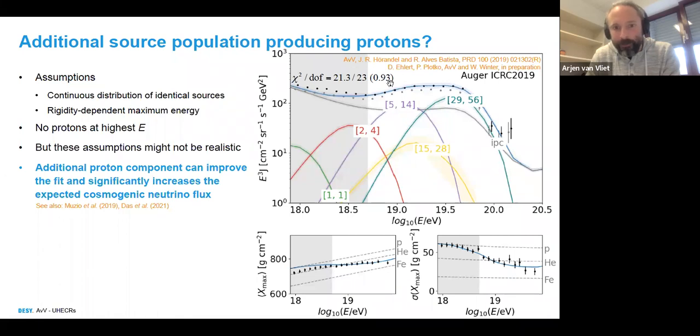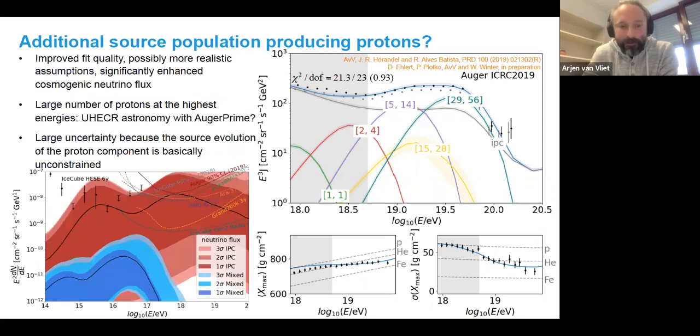It's actually a very good chi-squared you get out. You actually get quite a lot of protons at the highest energies, which would be really interesting for these kinds of anisotropy studies.